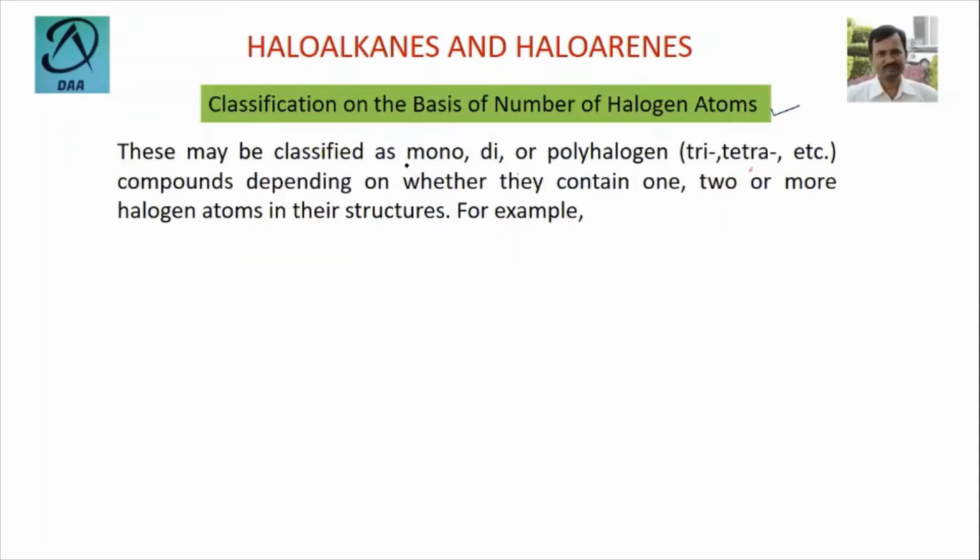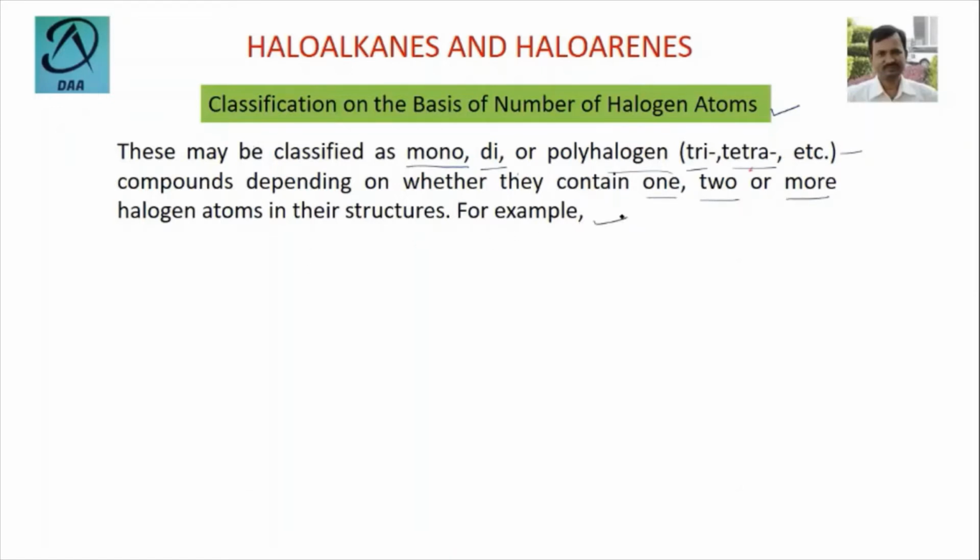If one halogen atom is attached, then it is mono. If two halogen atoms are added, then di, and more than two, then tri, tetra, etc., and it is called polyhalogens.